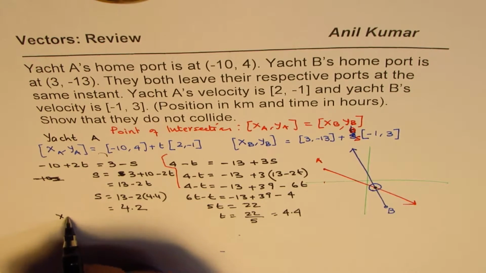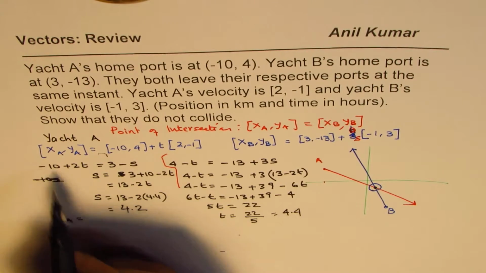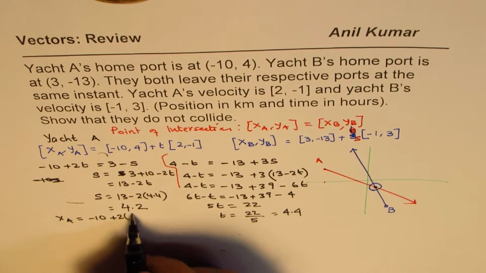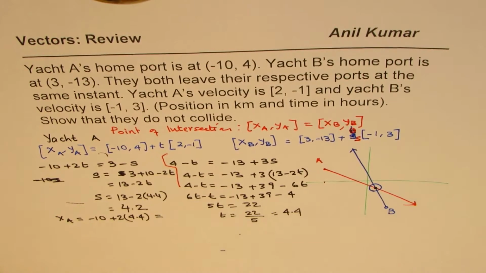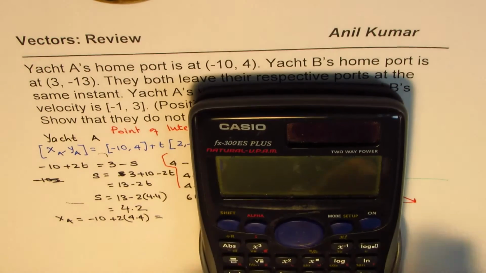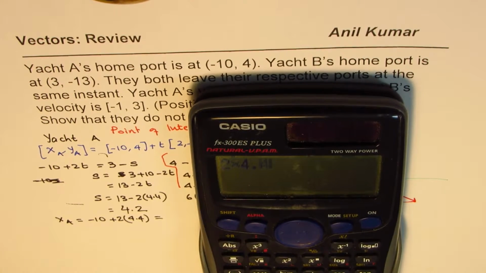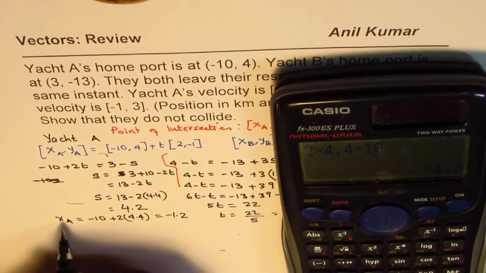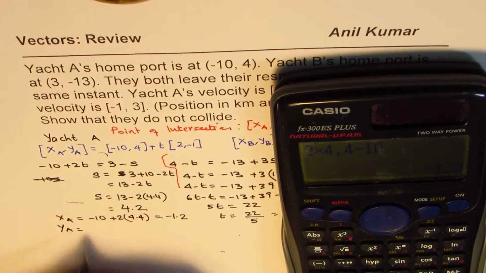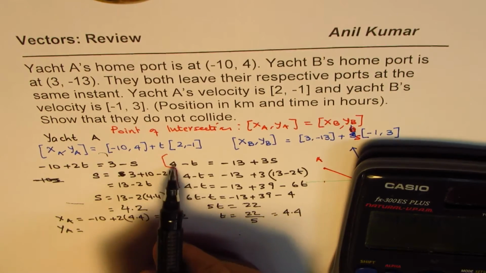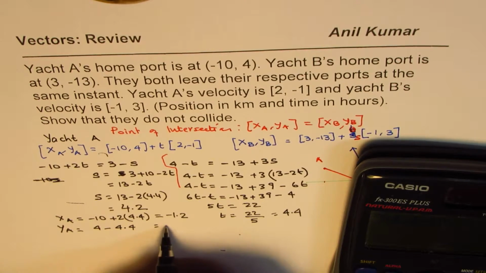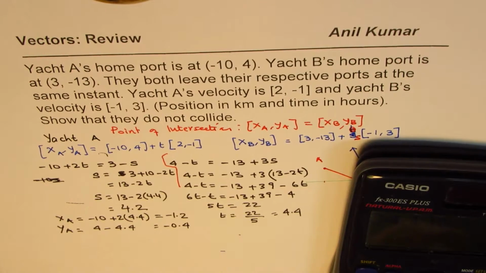The XA position is minus 10 plus 2 times 4.4, which is minus 1.2. And YA is 4 minus t, so 4 minus 4.4, which is minus 0.4. So that is XA, YA.